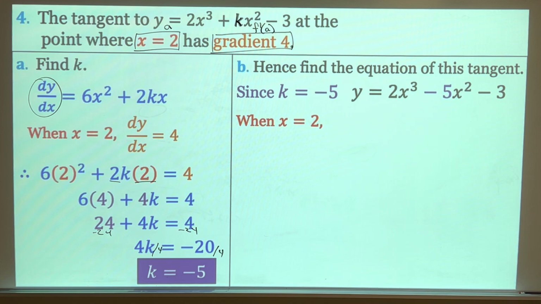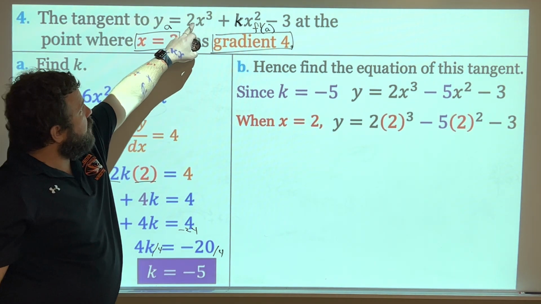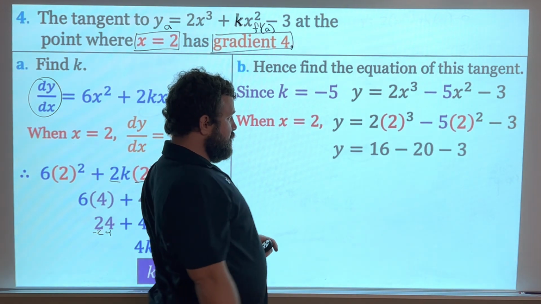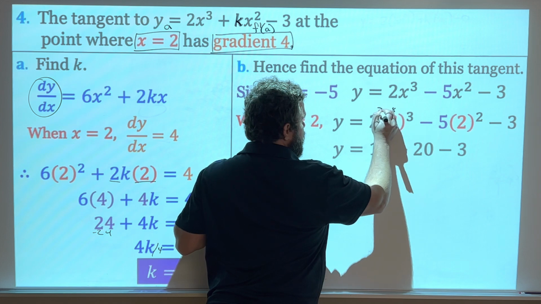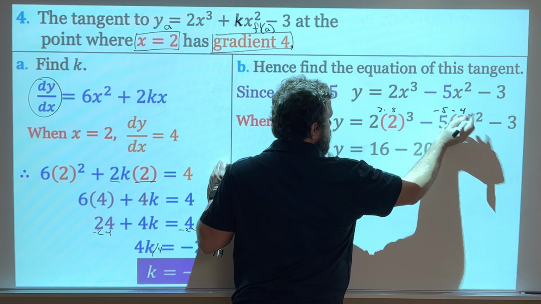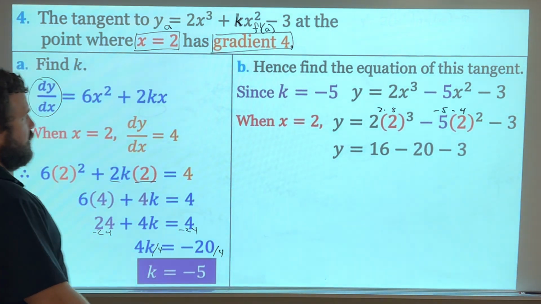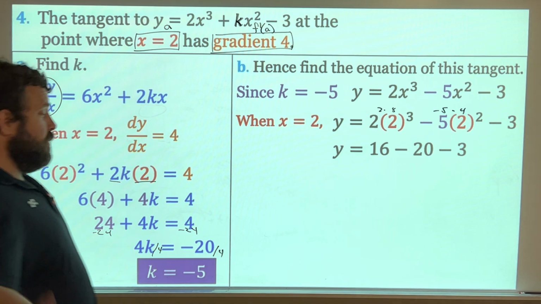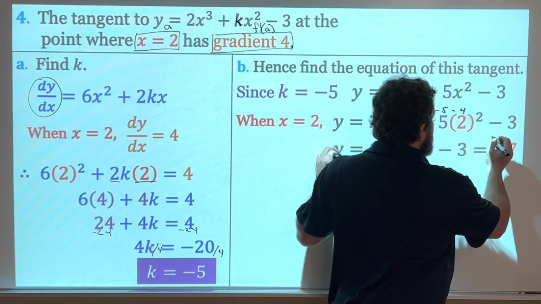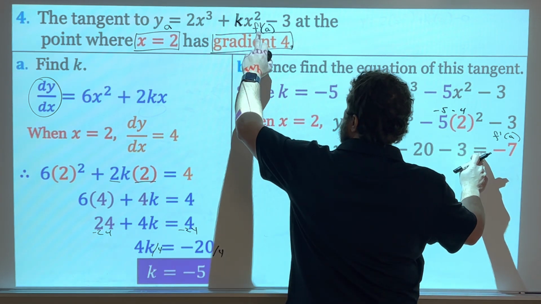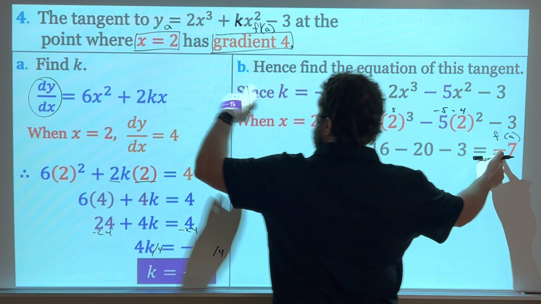When x is 2, you plug it into this equation. 2 times 2 cubed minus 5 times 2 squared minus 3. 2 times 8 is 16. Negative 5 times 4 is minus 20, minus 3. 16 minus 20 is negative 4. Negative 4 minus 3 is negative 7. Sorry, that's my f of a.